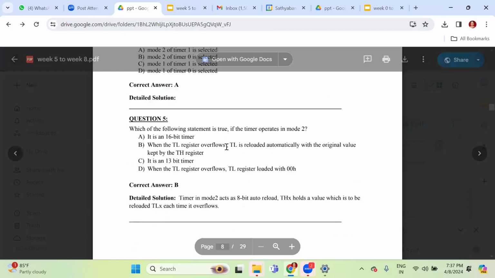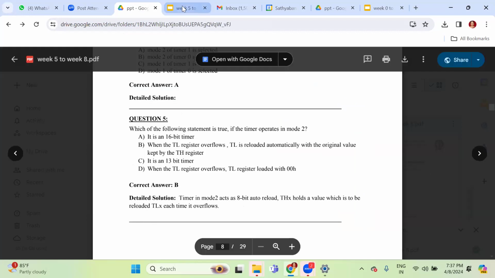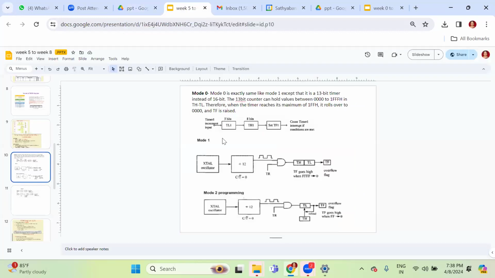Then which of the following statements is true if the timer operates in mode 2? You all understand while we have been studying all the modes. Mode 0 is 13-bit. Mode 1 will store 16-bit. Mode 2 always has a reload option.